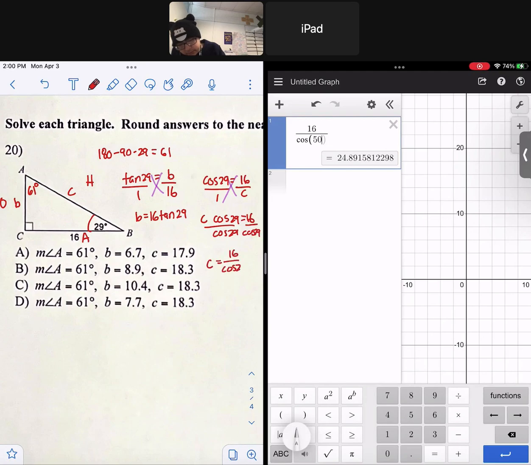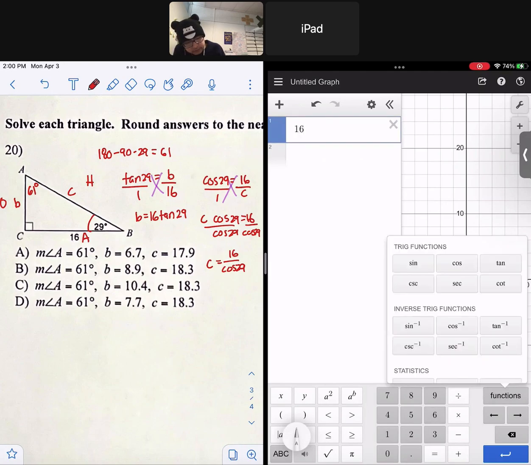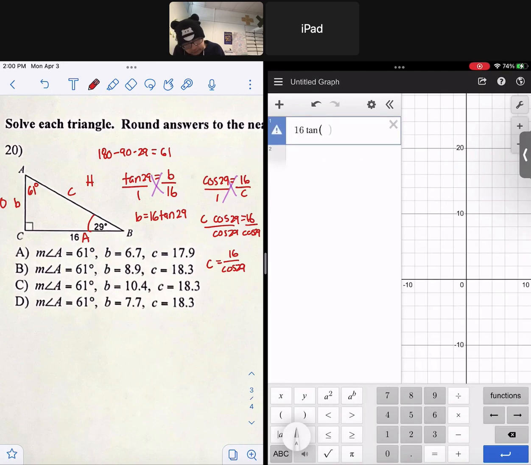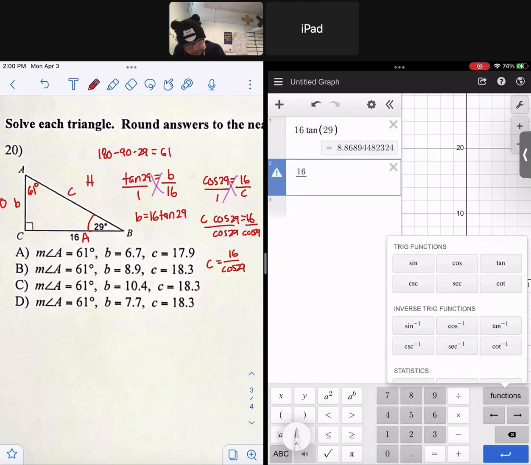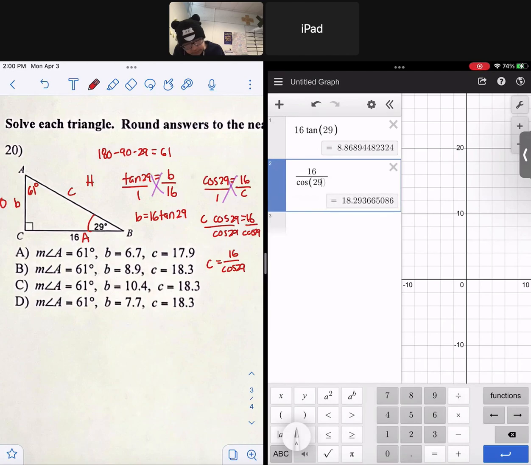So that's what C is going to ultimately be. And if we plug all this into our calculator, 16 tan of 29, there's that, and 16 divided by cosine of 29, we get that. So 8.7, and this one's going to be 18.3, and that's going to be B.